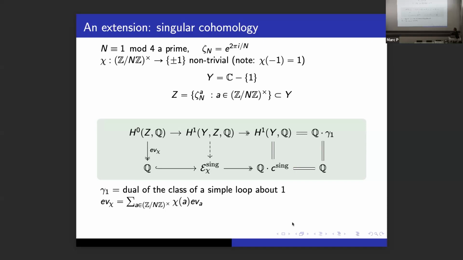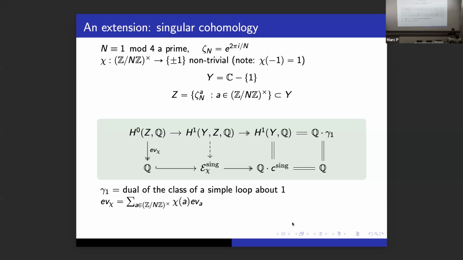And so I'm going to take that, and I'm going to look at the extension I get by quotienting out by some map on some quotient of this kernel here.